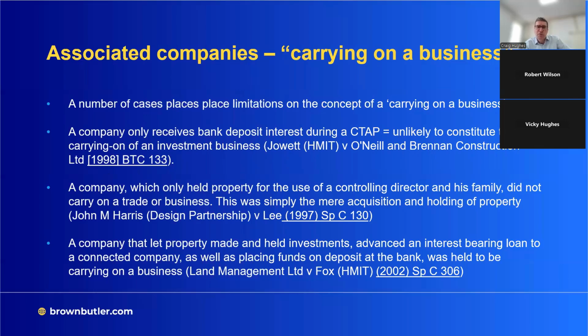A company only receiving bank interest is unlikely to constitute the carrying on of a business. A company which only held property for the use of a controlling director and his family wasn't. However, a company that let property, made and held investments, and advanced an interest-bearing loan to the company was held to be carrying on a business. Probably not surprisingly, to be honest.